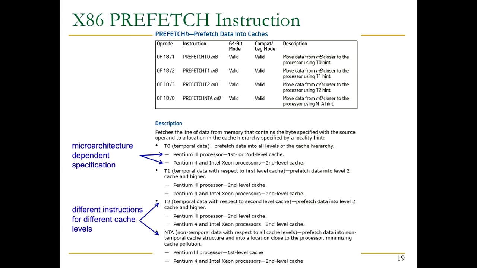And this is non-temporal, which is also interesting, I think. Basically, they bring this non-temporal data into a location close to the processor, and they don't bring it to the other levels. Again, that's what the specification says. If you really want to know how it works, you really need to reverse engineer what's going on in the hardware, or look at a manual that has actually done that already.